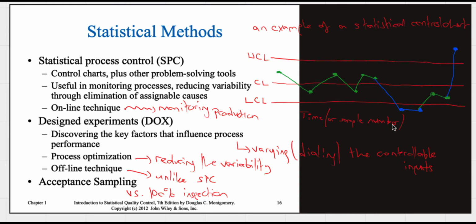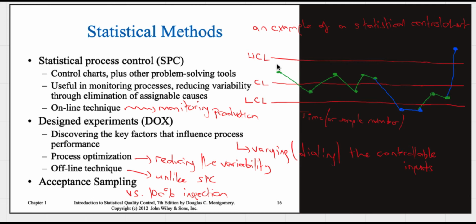And if there is some unusual variability in the process affecting the quality characteristics of the product, we are going to see some points beyond the control limits. It will signal us that there is some unusual variability. So there will be reasons for that, and we need to eliminate these reasons.